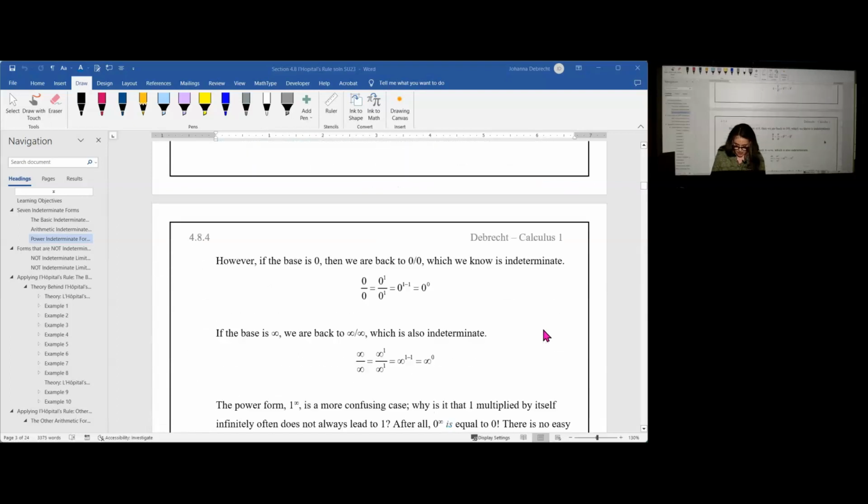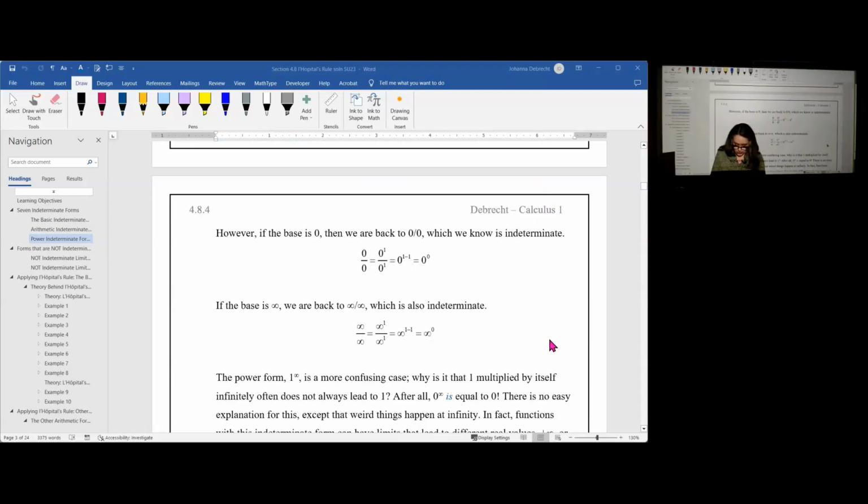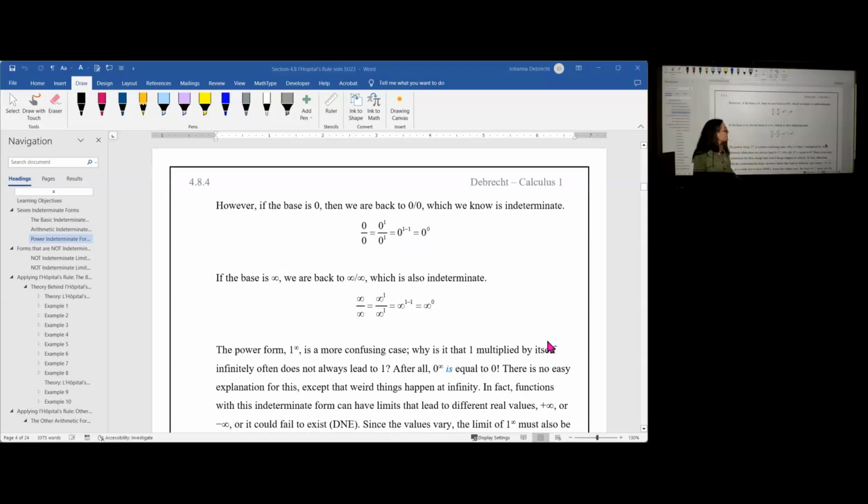Let's now talk about infinity. If we think about infinity divided by infinity, and we raise infinity to the first power, if such a thing happens, again, we get infinity to the 1 minus 1, which is infinity to the 0, by the definition of exponent rules. But that means that infinity over infinity and infinity to the 0th power must both be indeterminate, and they are.